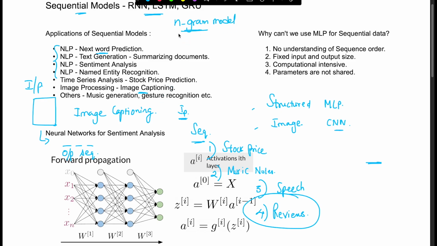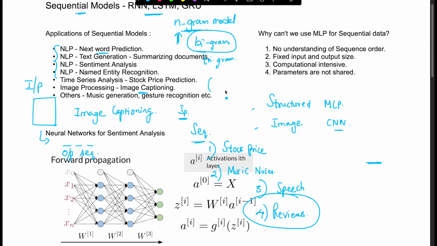In n-gram, n here refers to the number of tokens that are associated. It could also be a bigram model or trigram model, right? In bigram models, you will have two different tokens associated with each other. In trigram, you'll have three of them. Let's say that we are considering a bigram model.